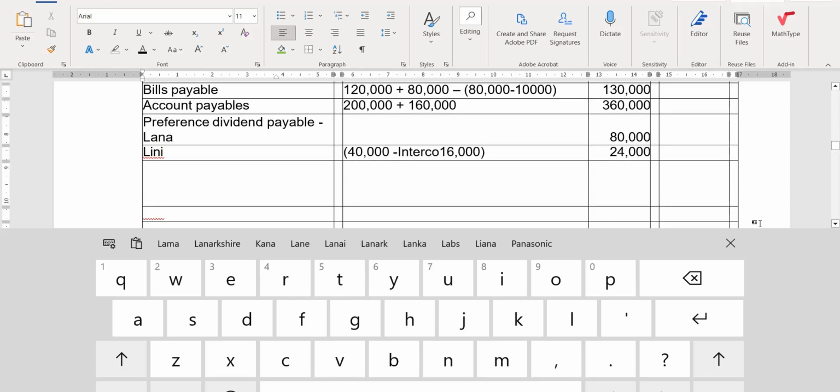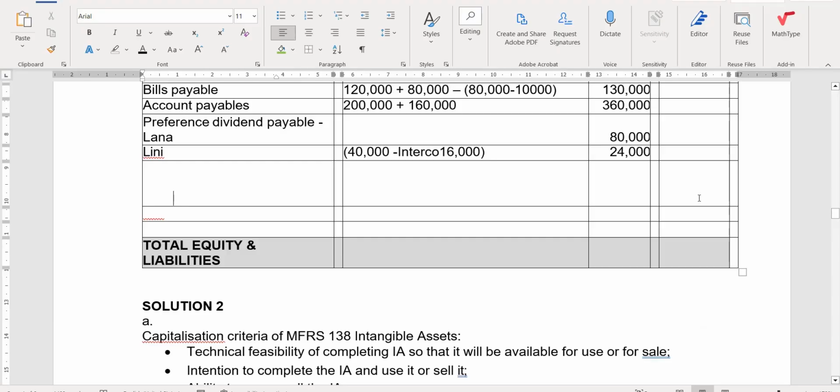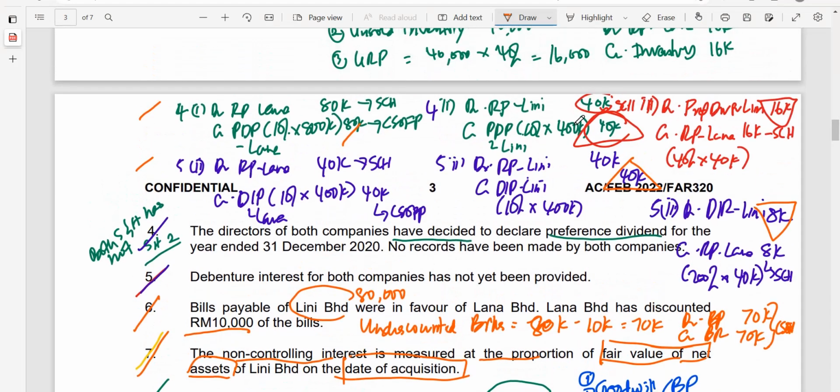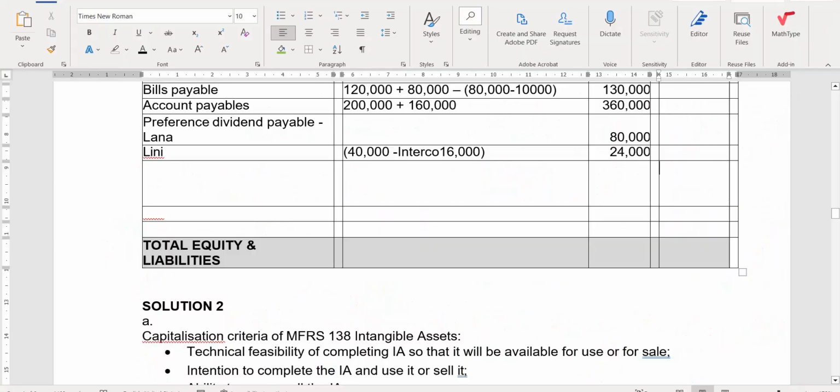And next, where do we get this? This is for the one from here. Remember earlier it was 40, and here you reduce. So when you reduce, what you report is just the one relating to the non-controlling interest of 24,000.